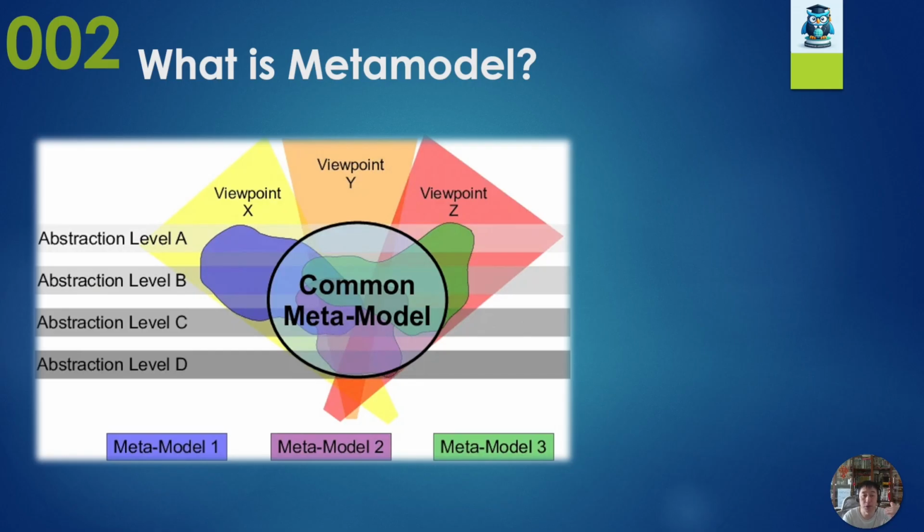For example, waypoint X, this yellow triangle, crosses from level A until level D. That is similar to waypoints Y and Z. Also, you may have a certain modeling practice: when you have the abstraction levels A, B, C, you may summarize and aggregate them into what we call an enterprise architecture modeling pattern.